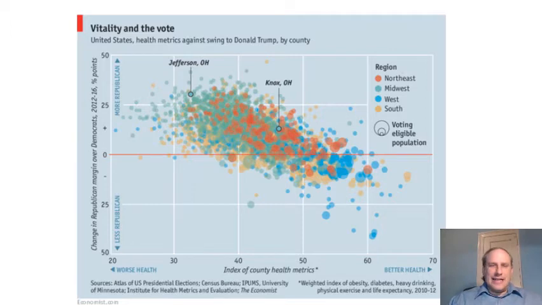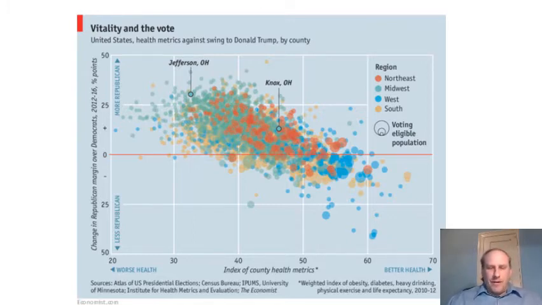This is a graph of every county in the country and whether they voted Republican. Going up the left side shows the percentage more Republican or less Democratic, or more Democratic. And this is about the swing between 2012 and 2016.